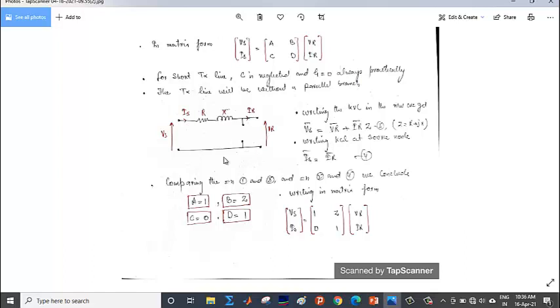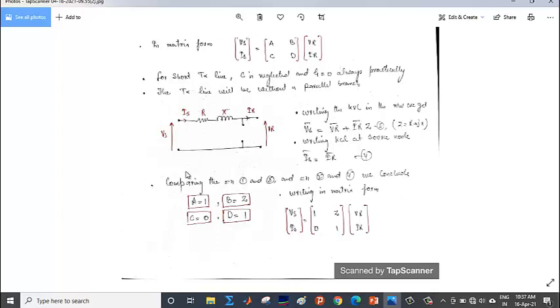So we want our ABCD parameters to be such that our system is reciprocal and has symmetry. When it has symmetry, it means that by connecting it on this side or on this side, the voltage-current relationship does not change. So it becomes very convenient for us. We don't have to look for which side to connect to which side.